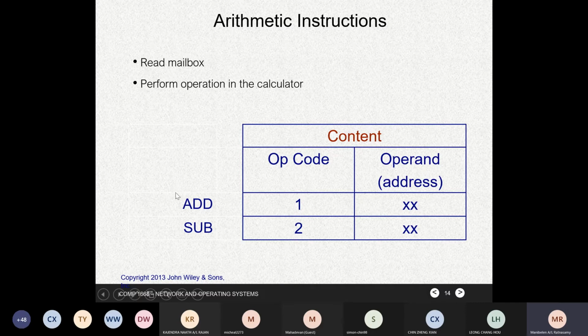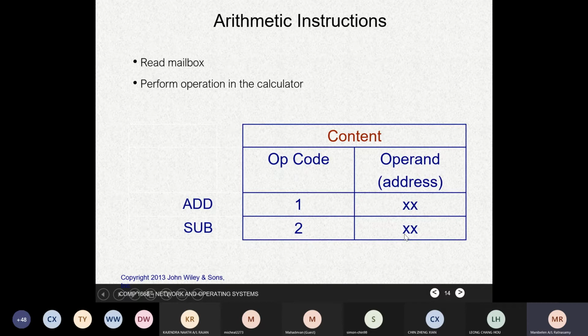It depends, you must follow the instruction. So the instruction here, add. As you know, 1 is add, isn't it? Add any numbers from any mailbox. And then the second instruction is to subtract. Sub means subtract. Subtract something from that value, for example 4 minus 2. So you store 4 here and then you subtract 2.